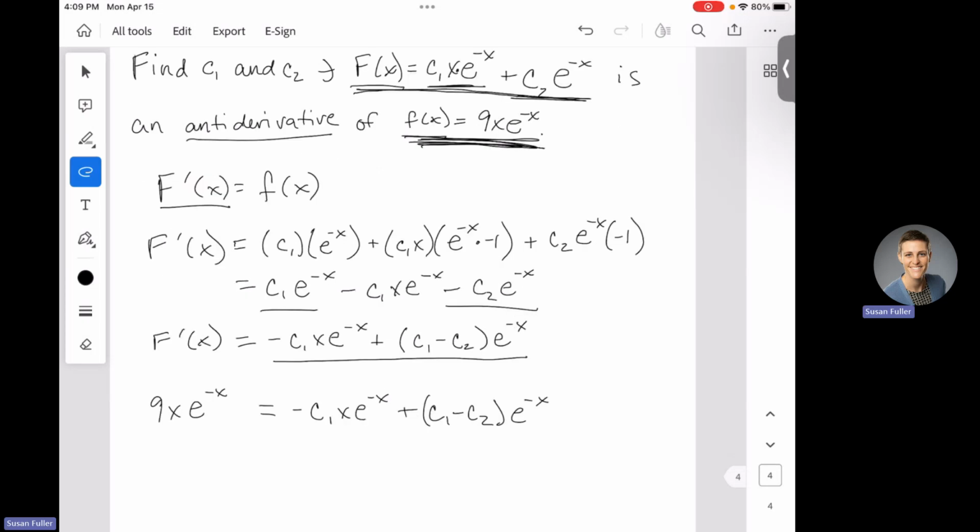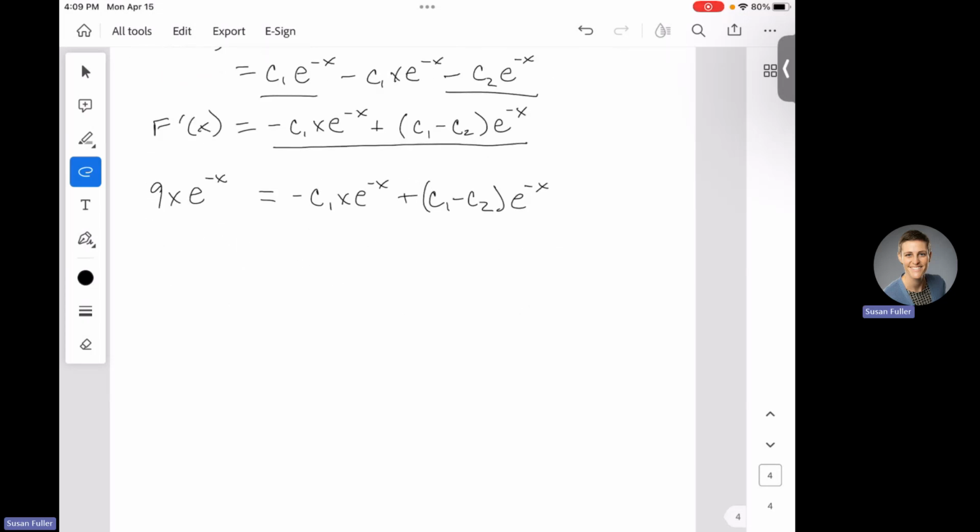I know this has to be true because I want the derivative of the antiderivative to equal little f. Notice, in order for these two things to be equal, I have an x times e to the negative x, which means that 9 is my negative C1. We're basically comparing pieces of this. So I know that 9 has to be equal to negative C1, which tells me that C1 is negative 9.